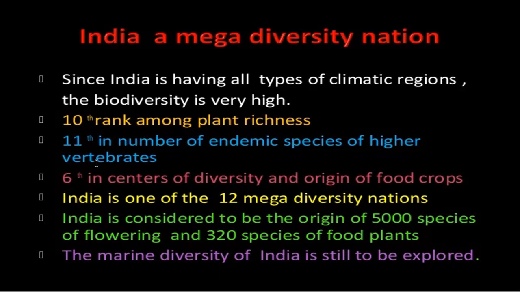There are about 15,000 flowering plants in India, which account for up to 6% of the world's total number of flowering plants. Our country also has many non-flowering plants such as ferns, algae, fungi, etc. India also has approximately 90,000 species of animals as well as a rich variety of fish in its fresh and marine waters.